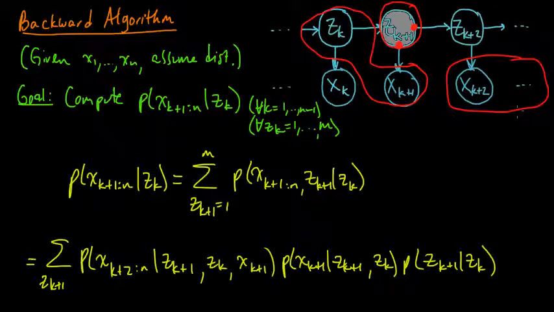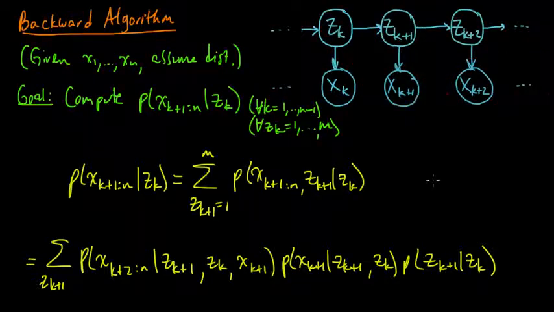Any path from any of these guys to any of these guys has to go through this stop sign here. So these are in fact d-separated, and therefore they are conditionally independent given zk plus 1. Okay, so that's good. So we can do that, and then we have something which looks like that.